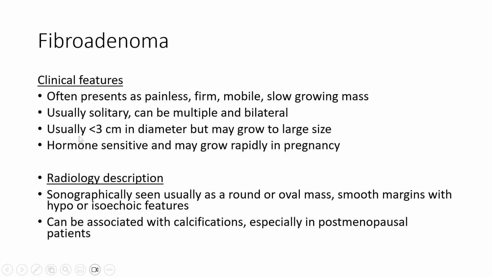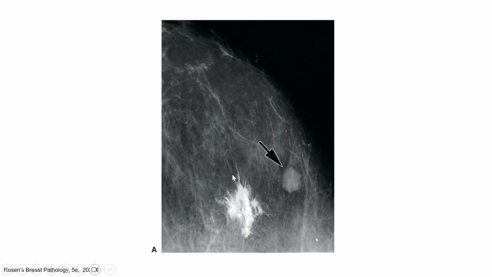Usually very small, less than 3 centimeters, but it is hormone sensitive and may grow rapidly in pregnancy. For radiology findings, you always need to see the radiology report about smooth margin. Sometimes it may be associated with calcification, especially in postmenopausal patients.